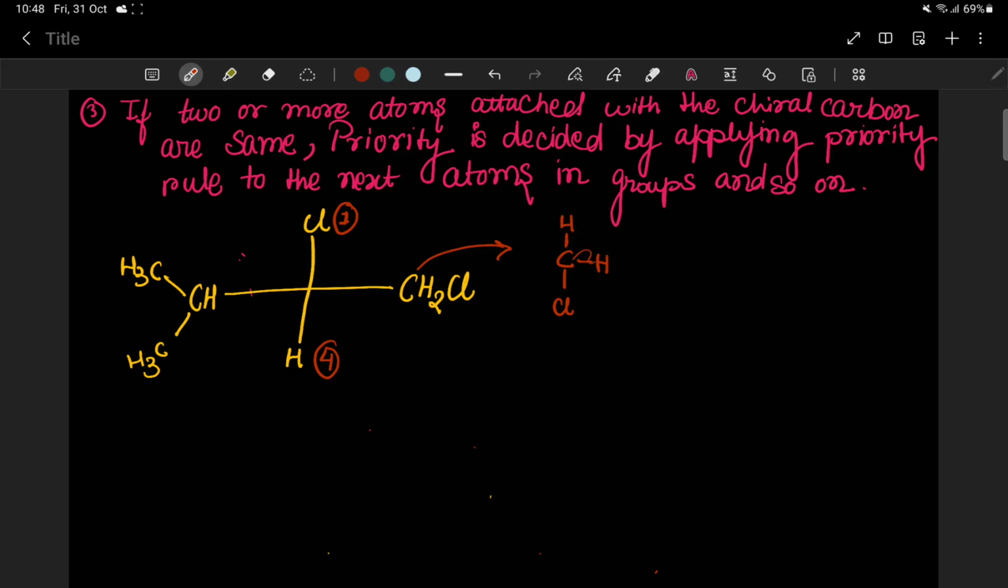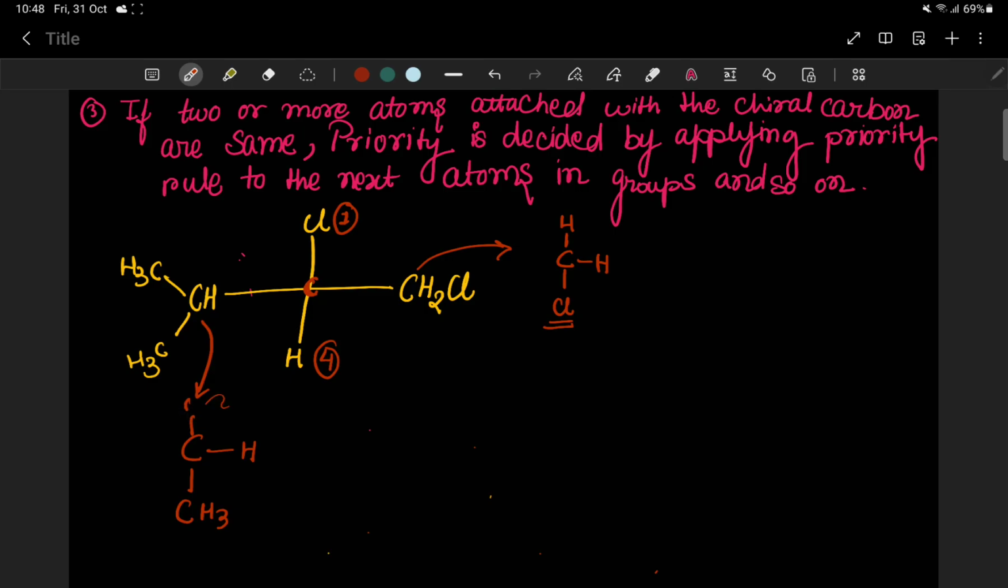That means this carbon atom attached with this adjacent carbon atom is having chlorine on its one hand. But when I'm talking about this carbon, it is basically having 1, 2, 3, 4. Fine. If I'm talking about this carbon, here I'm having hydrogen, and here I'm having again a carbon, CH3.